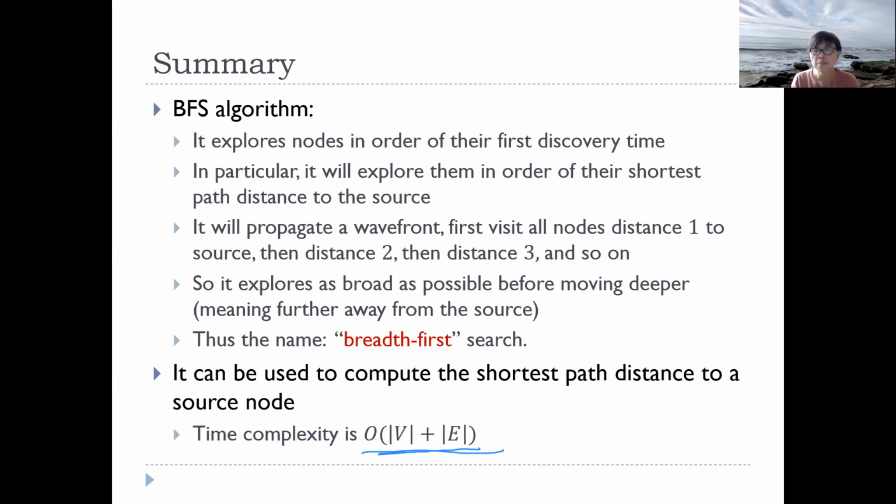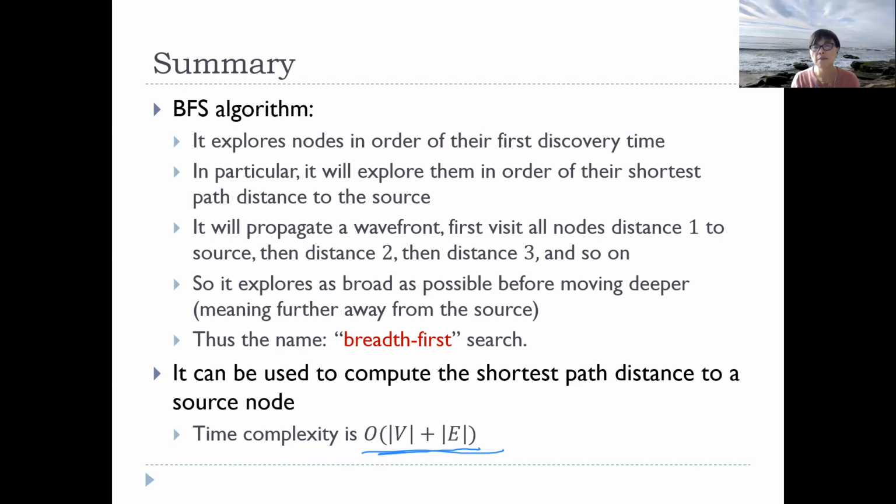So this can be used as a byproduct to compute the shortest path to the source. It visits all the nodes in a kind of wavefront. First, it visits all the nodes at distance 1 from the source, and those are stored in the pending list. Then you add those at distance 2 from the source to the end of the pending list. You only process them after you process all those at distance 1, and so on.